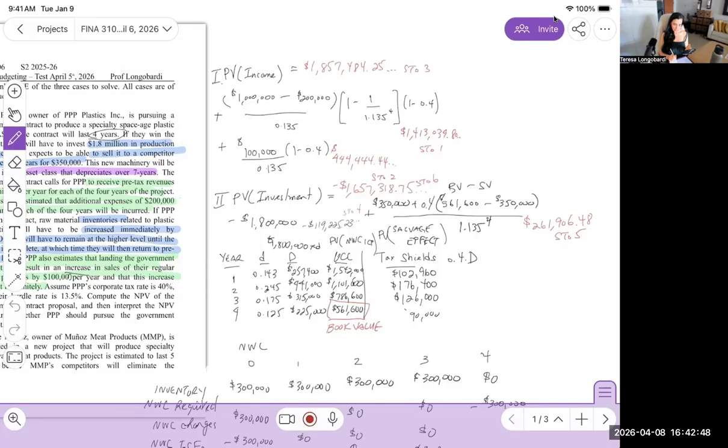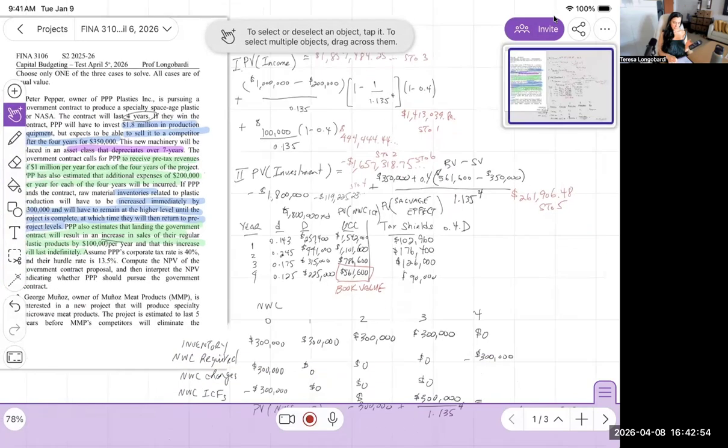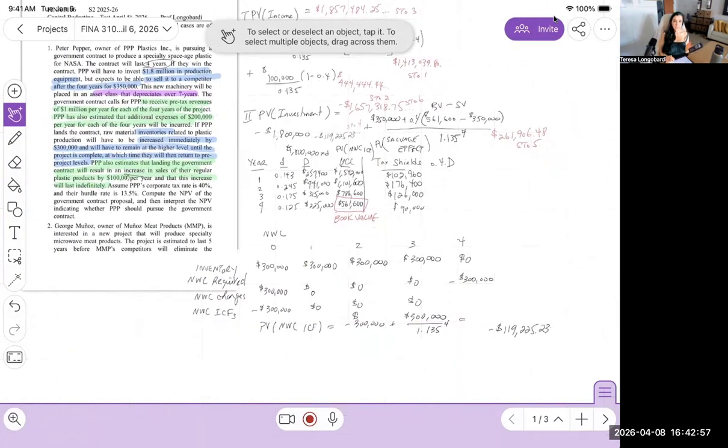So you got to put those into the cash flow keys and discount them to get part 3. So let me write that down here.